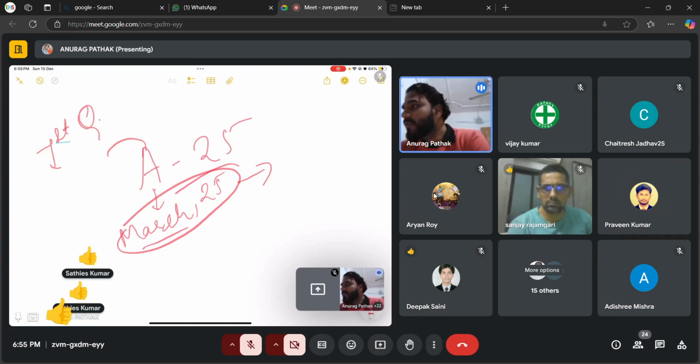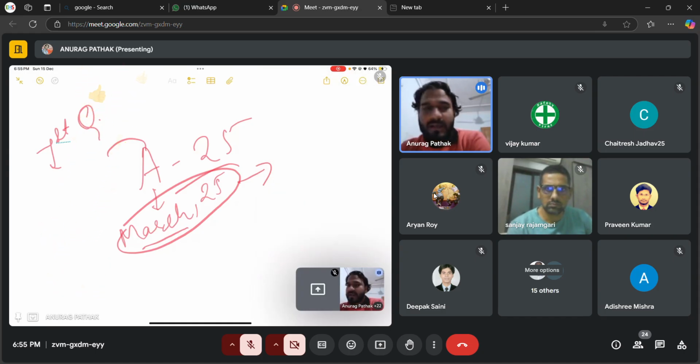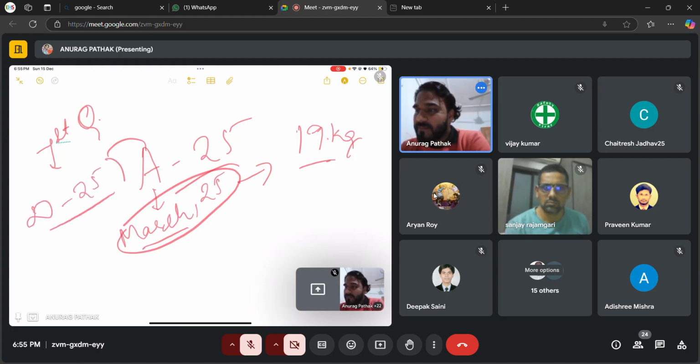So if you want to understand the same way, I have a question for you. There is a cylinder of 19 kg. In a family there is only a single person, and the expiry date of the cylinder is D25, and today's date is 15.